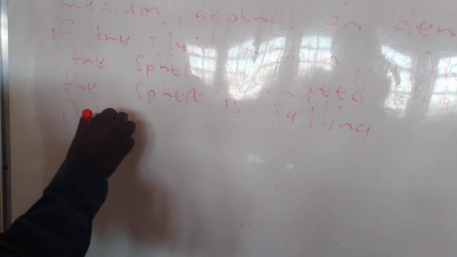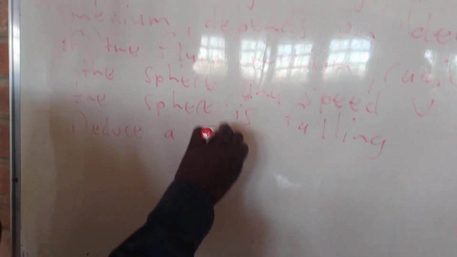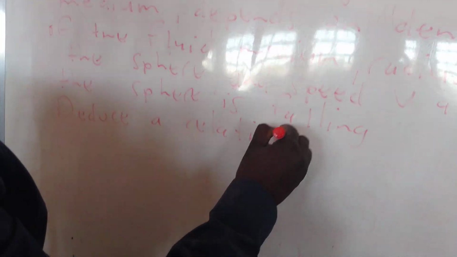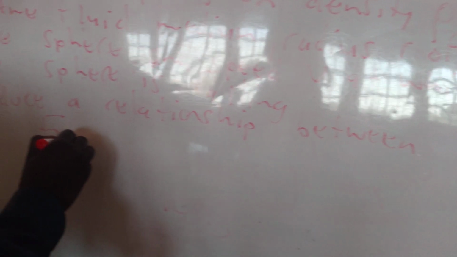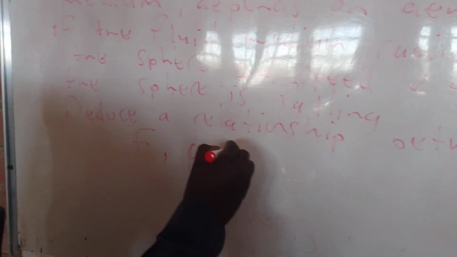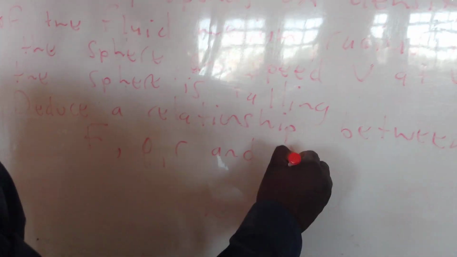Deduce a relationship between F, rho, R and V. It's very simple to solve this.